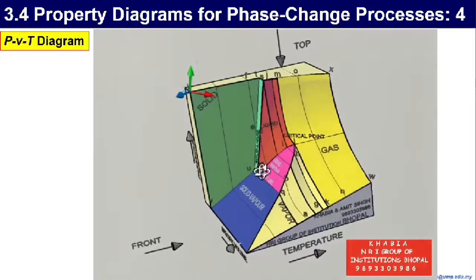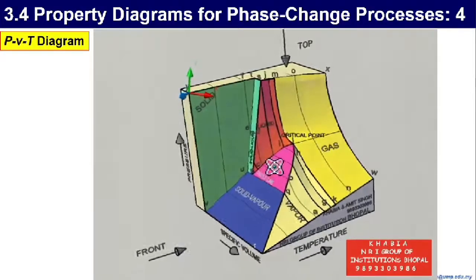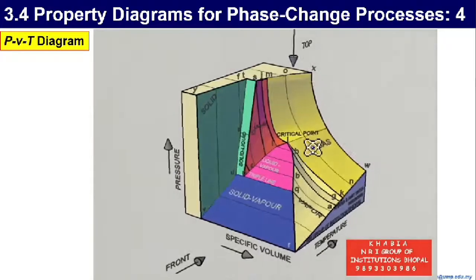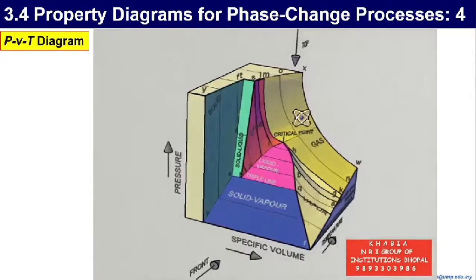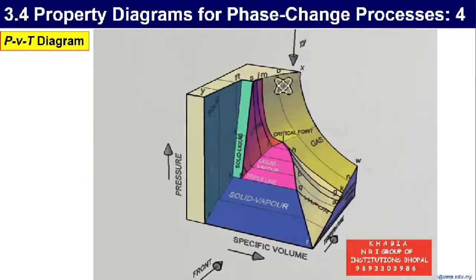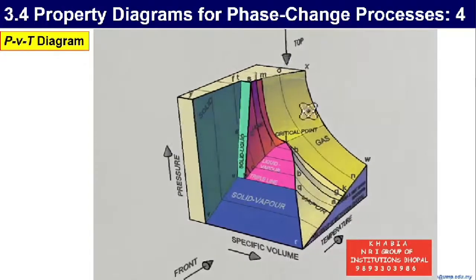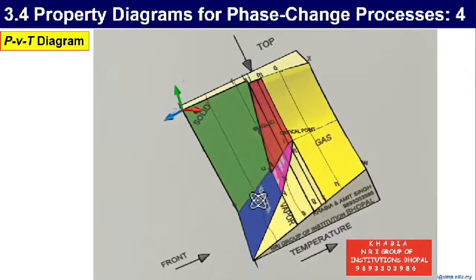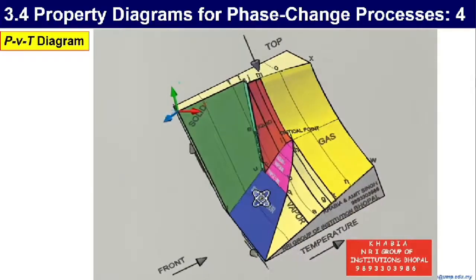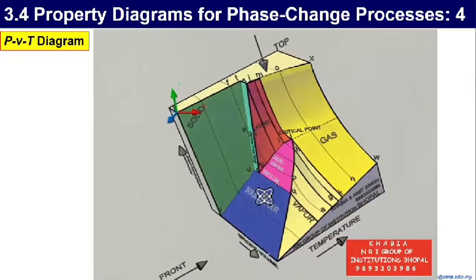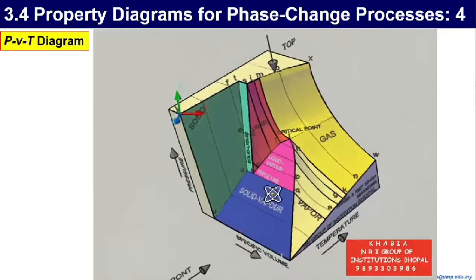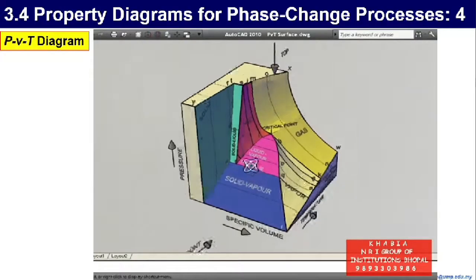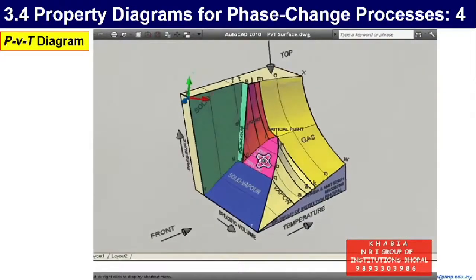And the significance of PVT surface of a pure substance is all possible equilibrium states of the pure substance are represented by a point on this PVT surface of the pure substance. Let me now start the explanation of model of PVT surface of pure substance, first by explaining different surfaces involved in the making of this model.